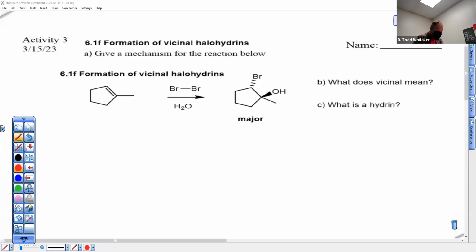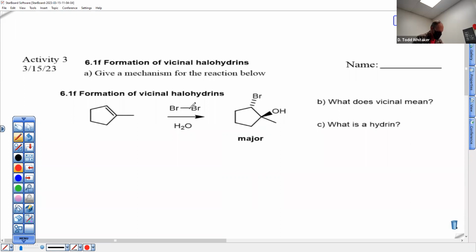The only thing I changed to get to section 6.1F is to add water to your halogen. And it's a bigger story than that. This combination is called bromine water. So what's happened is you've added bromine to water.